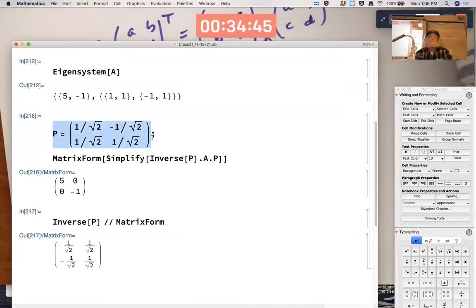By taking those vectors here, normalizing them, dividing them by their lengths to get unit vectors for the columns of P, I have made a matrix whose inverse is its transpose. This matrix, look at it, is the transpose of this one. The first row of P becomes the first column of P inverse. And the second row of P becomes the second column of P inverse.